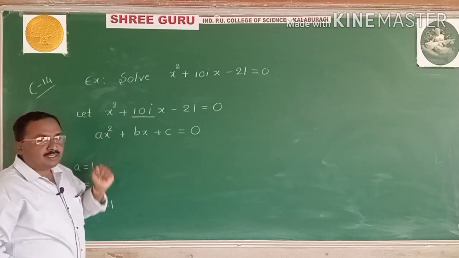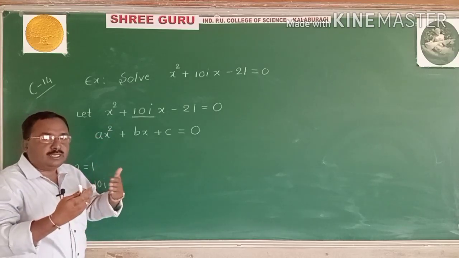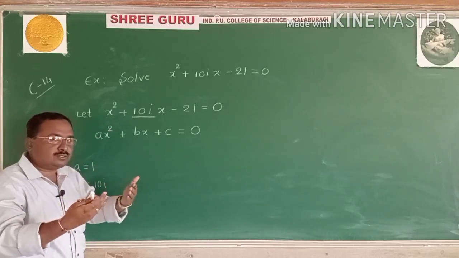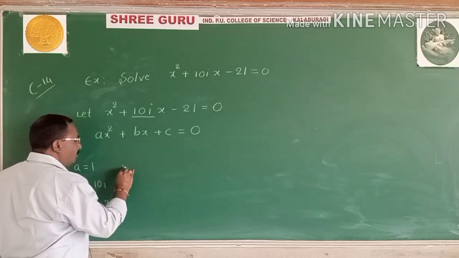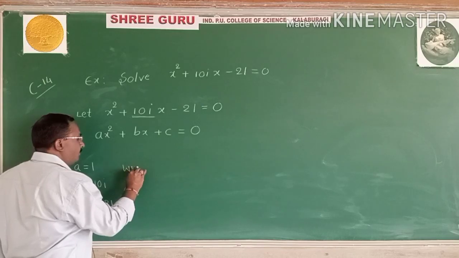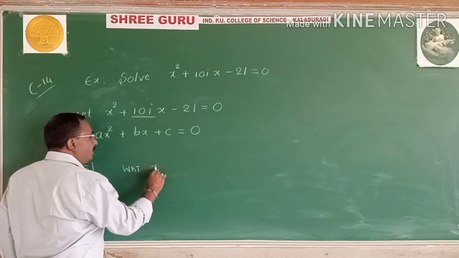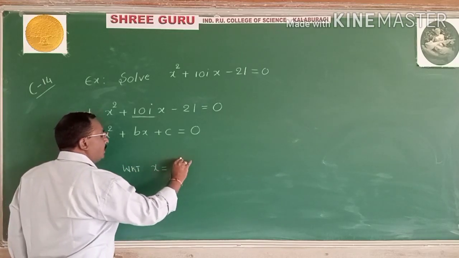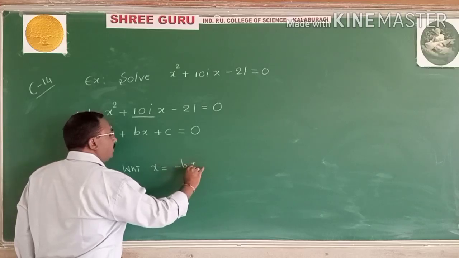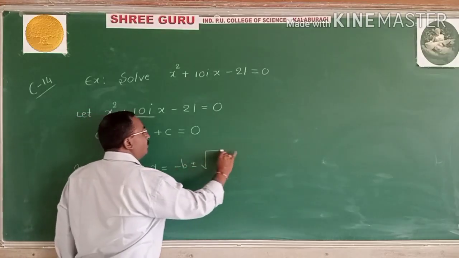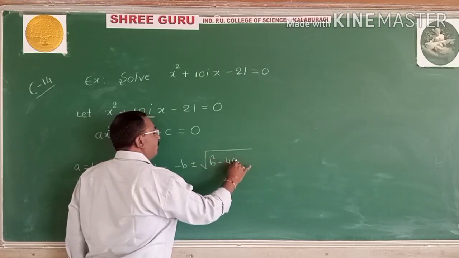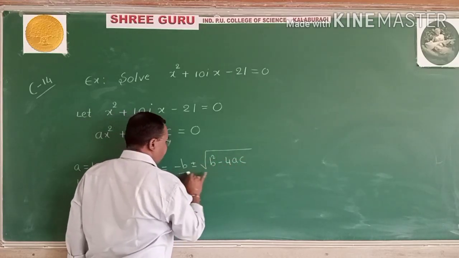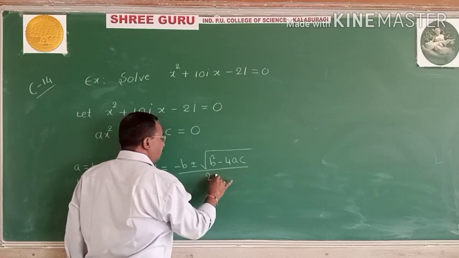Find the value of x. Solve, degree 2, so 2 solutions, or 2 roots. We know that the formula is x is equal to minus b plus or minus square root of b square minus 4ac divided by 2a.